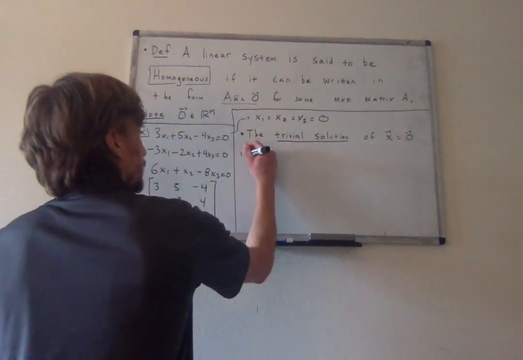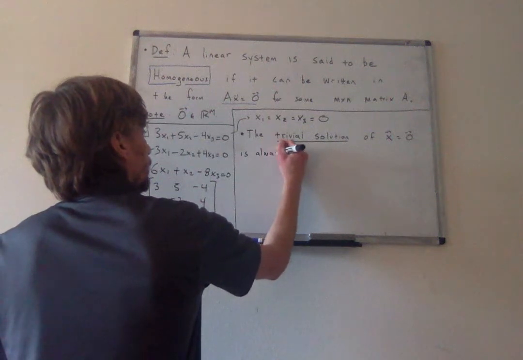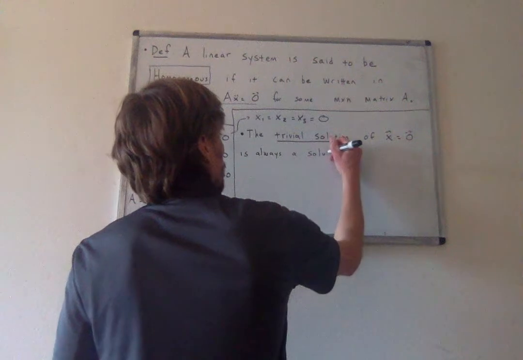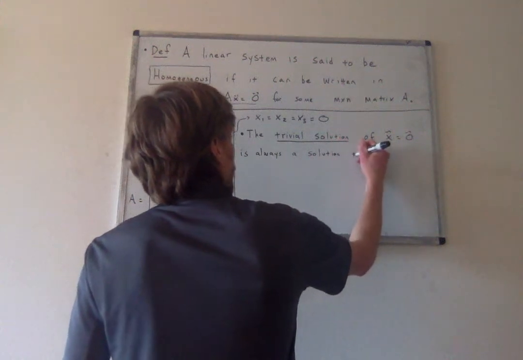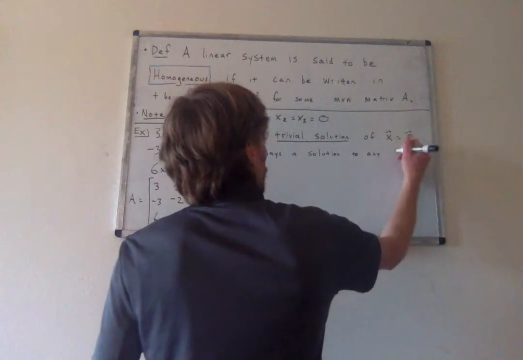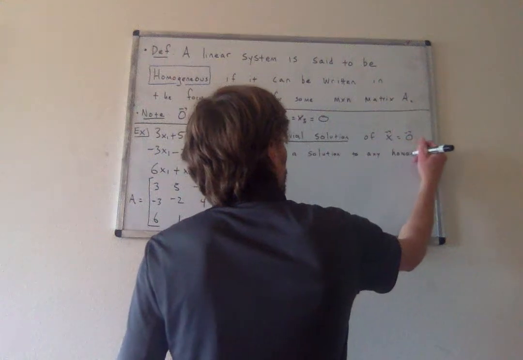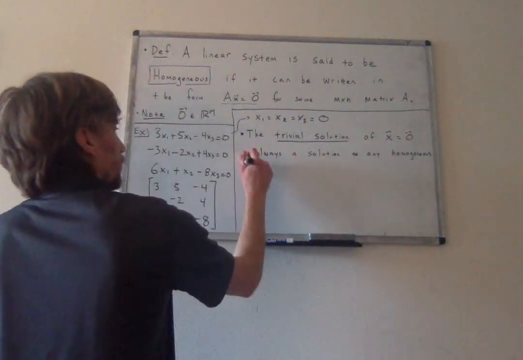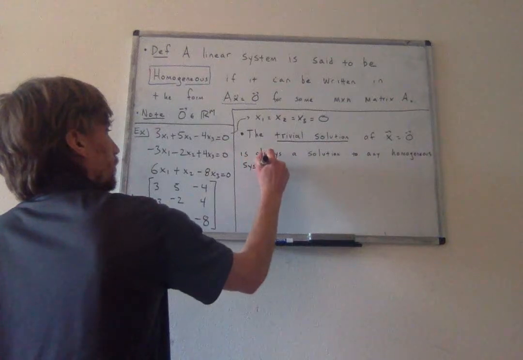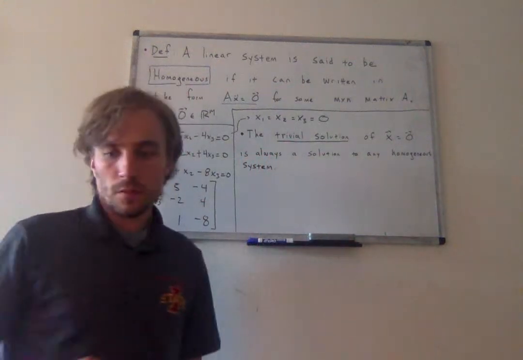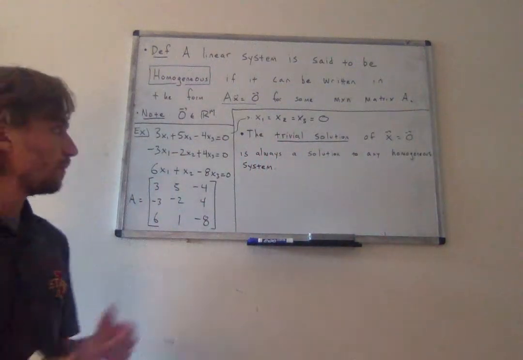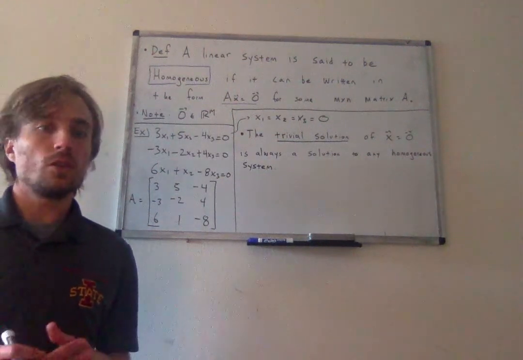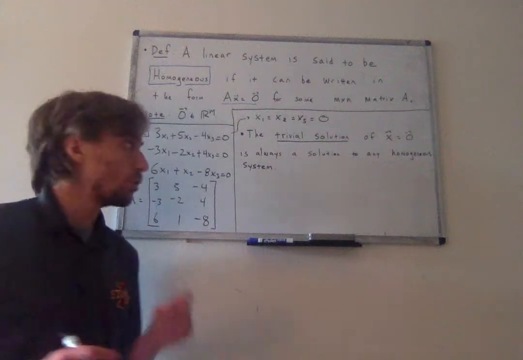And this is always a solution to any homogeneous system. So every homogeneous system always has the trivial solution, and we'll always find at least one solution.